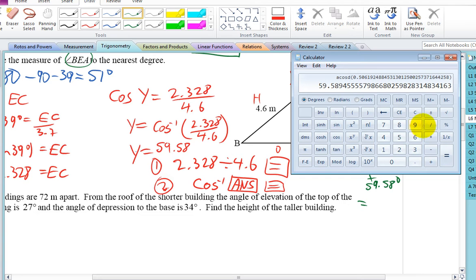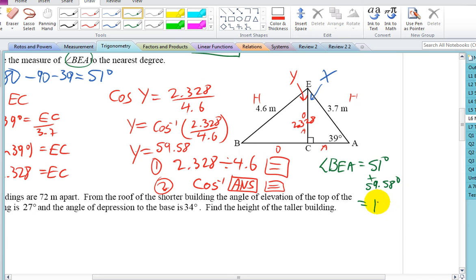Okay, so then plus 51. 110.5. Is that right? What should I round it to then? 111 degrees. Okay. Put a nice little box around it.